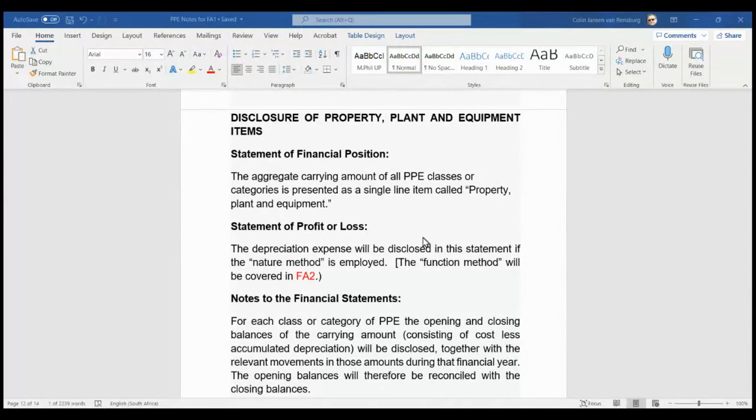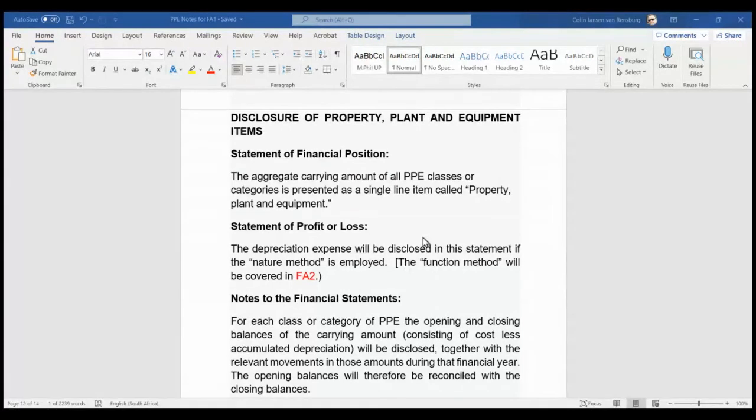But we are also going to reconcile our opening balances, in other words, our opening cost and accumulated depreciation balances, to our closing balances. And those items in between the opening balances and the closing balances will represent the movements within our property, plant, and equipment accounts.